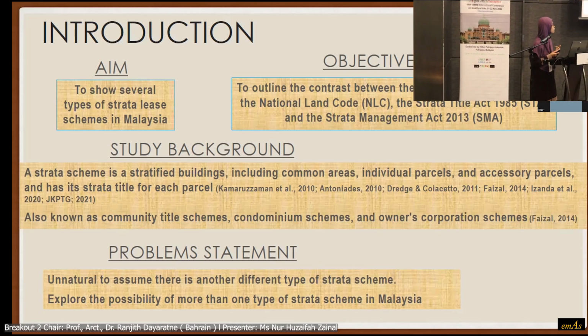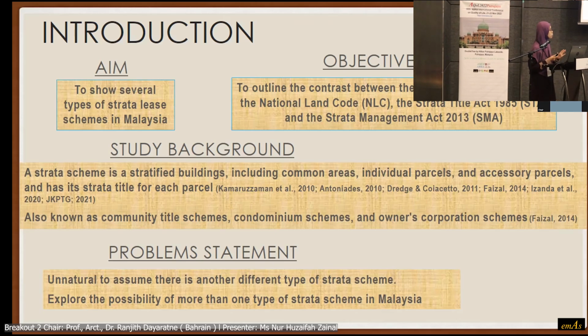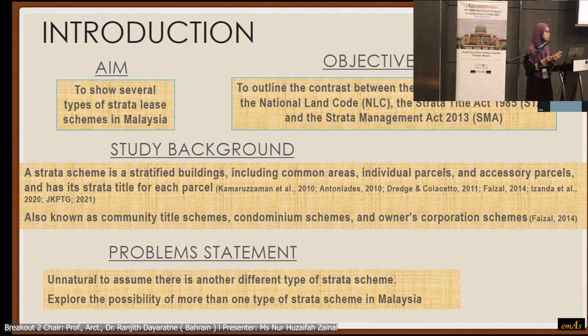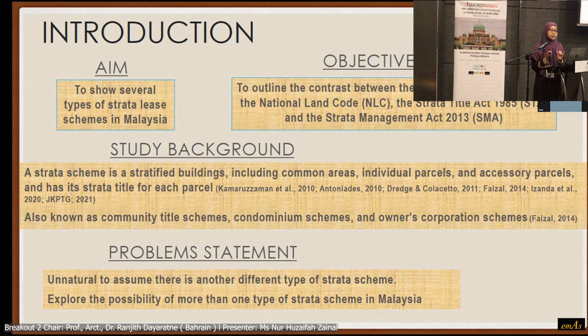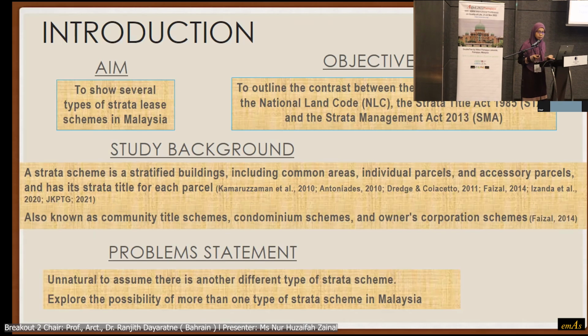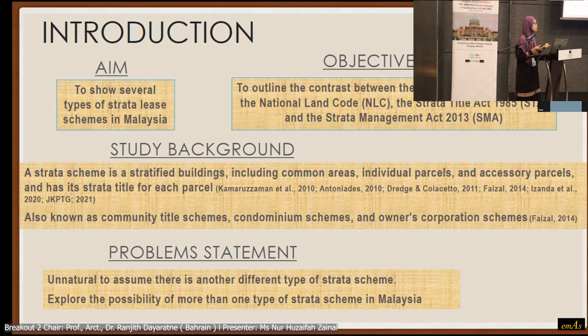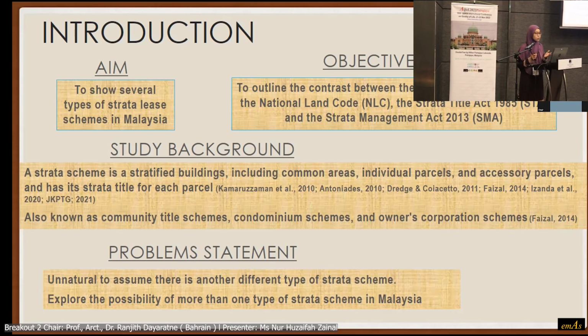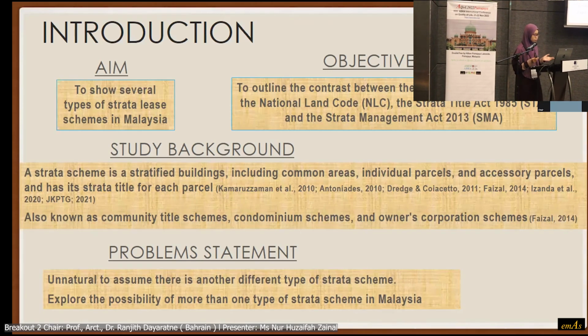A strata scheme is actually a stratified building, which includes the common area and individual parcels, and it has its own strata title. These are the general description of a strata building in Malaysia. Sometimes it is known as a strata scheme, and in some countries it is known as a community title scheme, condominium scheme, or owners corporation scheme.